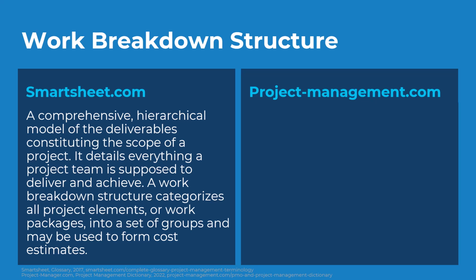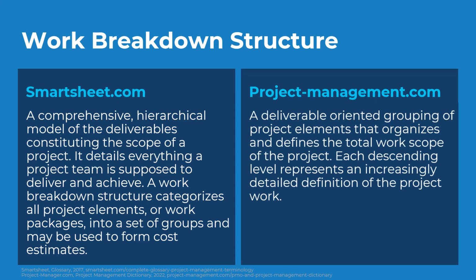And on the right-hand side, projectmanagement.com: it's a deliverable-oriented grouping of project elements that organizes and defines the total work scope of the project, each descending level representing an increasingly detailed definition of the project work.